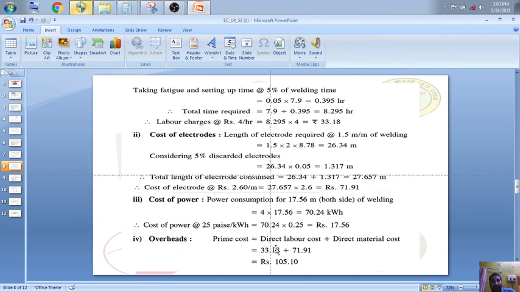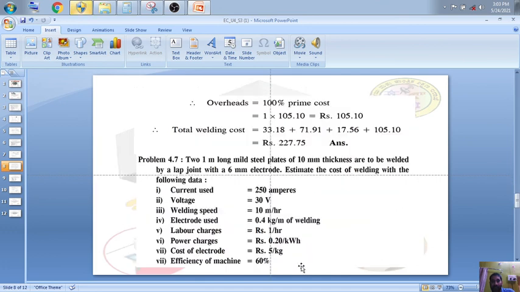Next, the overhead charges. Prime cost equals direct labor cost plus direct material cost. Direct labor cost is rupees 33.18, that is the cost of welding, and direct material cost, the electrode cost, is 71.91. So the prime cost will be 105.10.